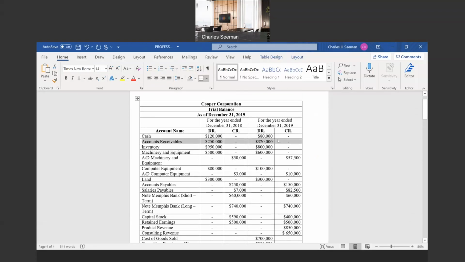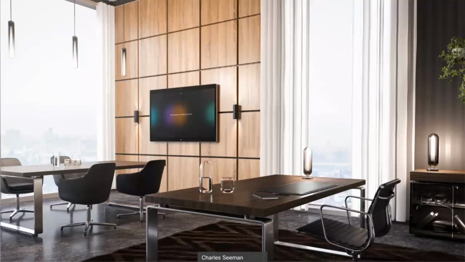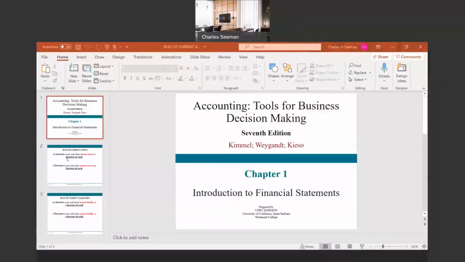As you can see, now we're going to go to the rule first. So I'm going to stop sharing. And we're going to go to our first rule.